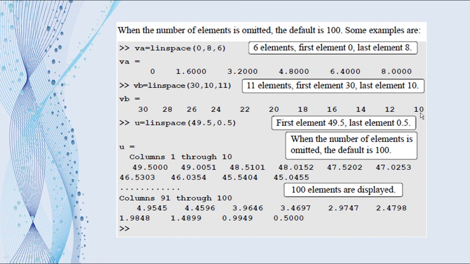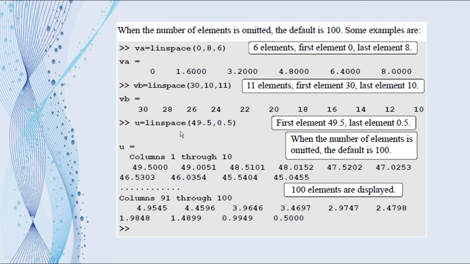The first and last elements are available, which means you already have 2 elements, so the remaining are 9 elements. MATLAB calculates those 9 elements with correct spacing. The spacing here is 2, so 30, 28, 26, and slowly diminishing till 10.